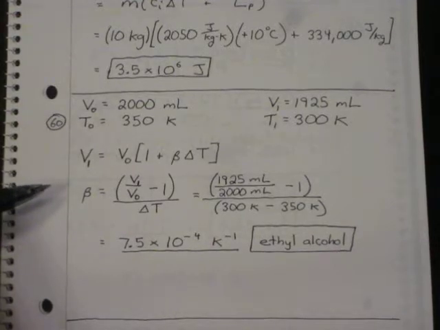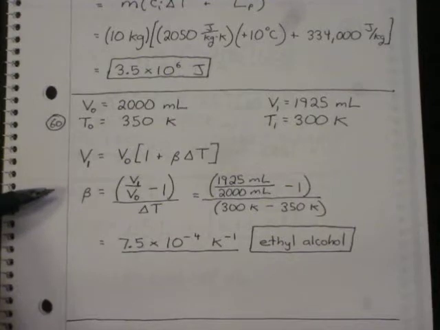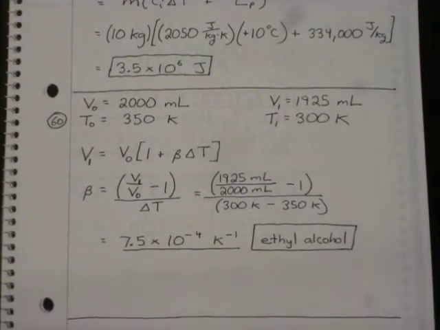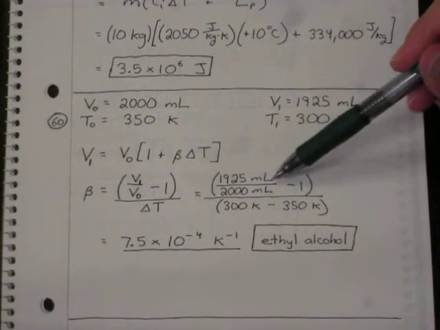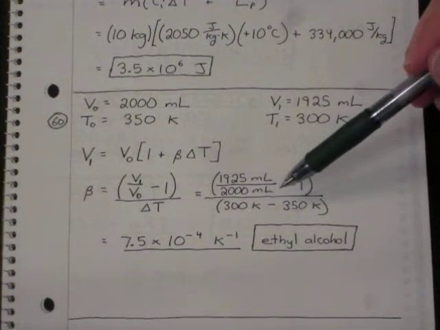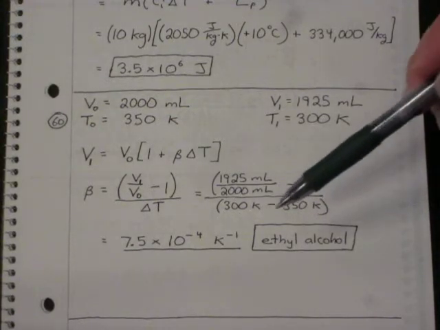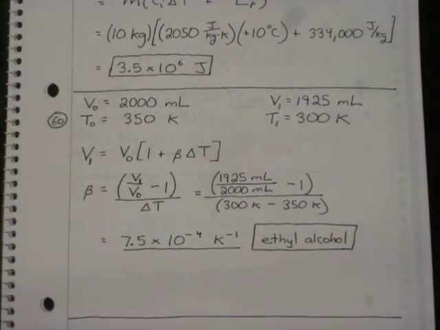So solving this algebraically for beta, we get V1 over V0 minus 1, divided by delta T. Plug in all the values. Notice how the milliliters divide out, so we're left with just a ratio minus 1 divided by 300 minus 350. And it comes out to 7.5 times 10 to the negative 4 per Kelvin. And we look that up in the table, and we see that that is ethyl alcohol.